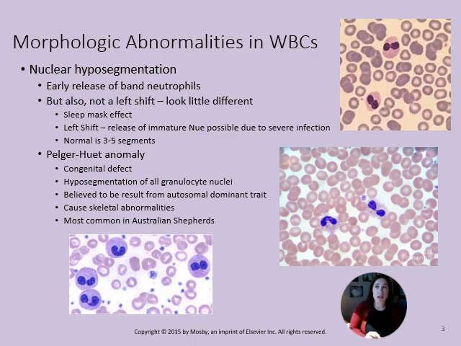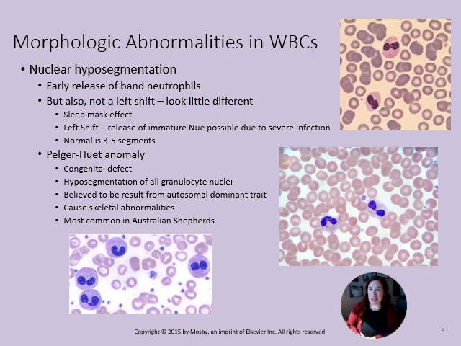Note that we talked about left shift last semester, and that left shift, if you remember, is the release of that immature neutrophil, but that's possibly due to a severe infection. So that's when an infection is so bad that it's wiped out all the neutrophils that the body could pump out, but then the body is pumping out underdeveloped or immature neutrophils to go assess the situation or the problem or the infection that's taking place.